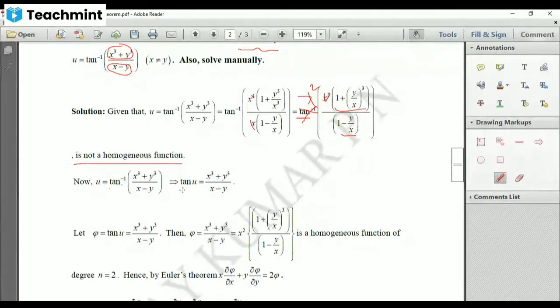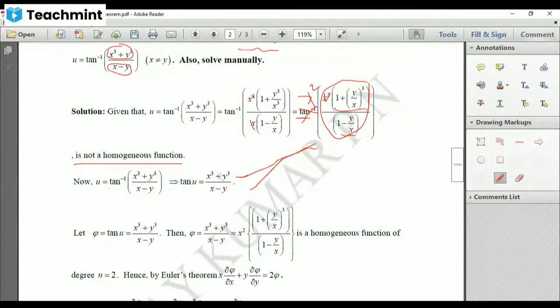Then you'll get tan u is equal to x cube plus y cube divided by x minus y, which we can write as x square into 1 plus y by x whole cube divided by 1 minus y by x. So this is a function of y by x and the maximum power of x has been taken out. Is that right?